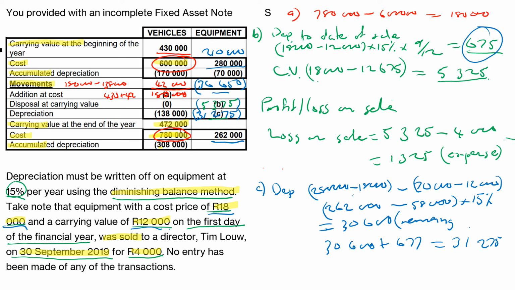Then your carrying value here will be 210 minus, now I'm not adding, remember my movements are negative, so that will be 210 minus 36,650. So my carrying value at the end is 173,350.